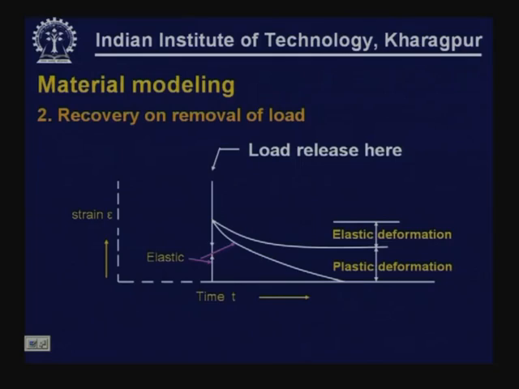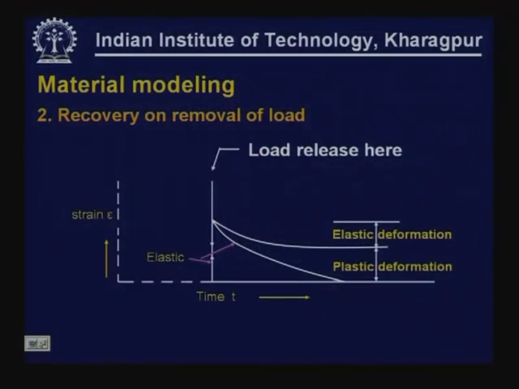The second characteristic that we consider for selecting an appropriate material model is the response of the material on removal of a load, rather the recovery of the material on removal of load. As you can see from this diagram, if the material is stressed, the corresponding strain is, let us say, epsilon.